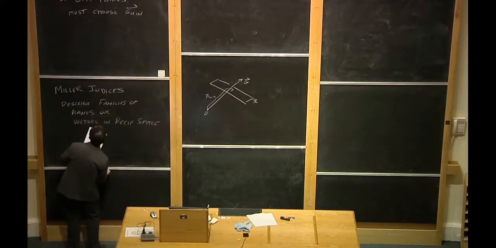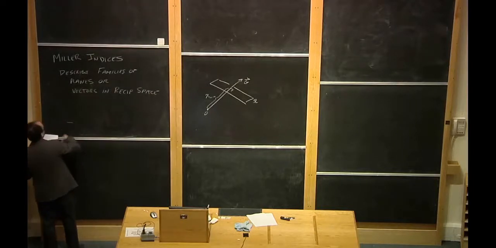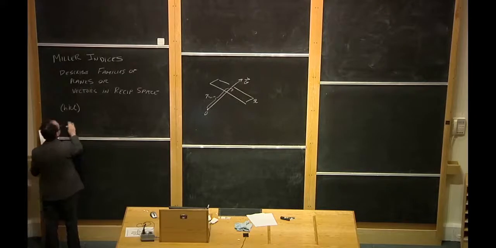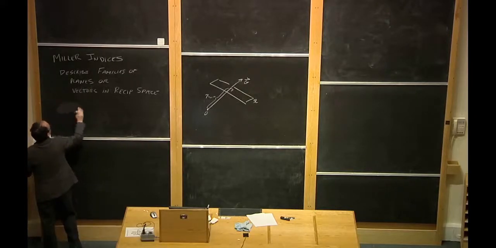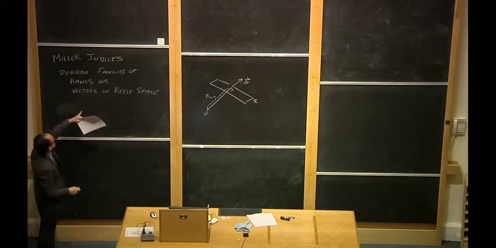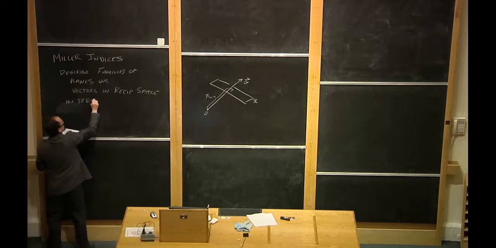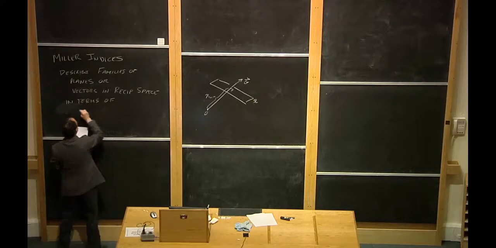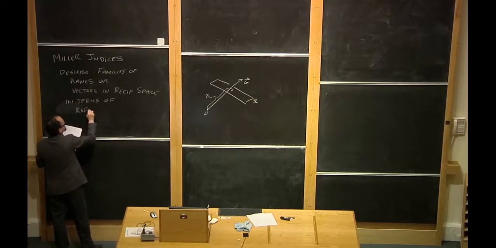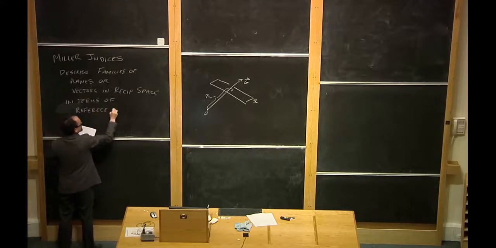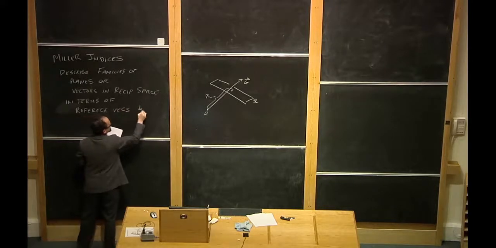And the idea of a Miller index is that you write in parentheses HKL to mean, actually, before I do that, we describe families of planes or vectors in reciprocal space in terms of reference vectors b sub i.